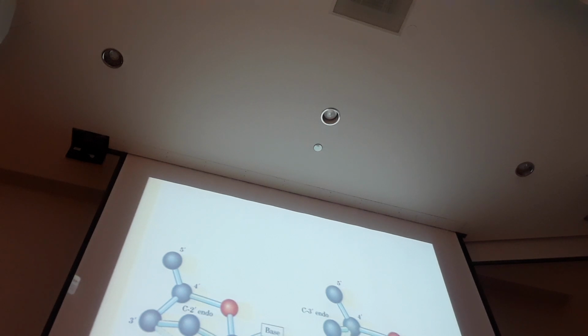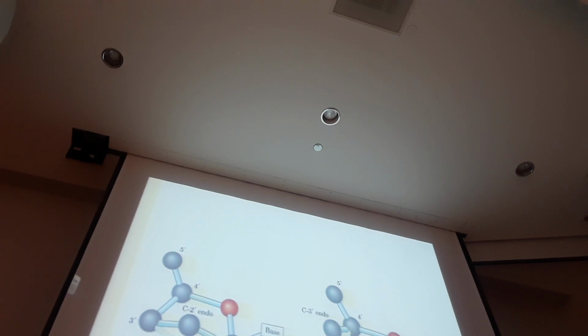This is a representation of deoxyribose, and we see the 5 atoms that make the furanose ring system, the oxygen, and then the 1', 2', 3', 4' carbon, and the 5' carbon, which is outside of the plane, shown here as being above the plane.